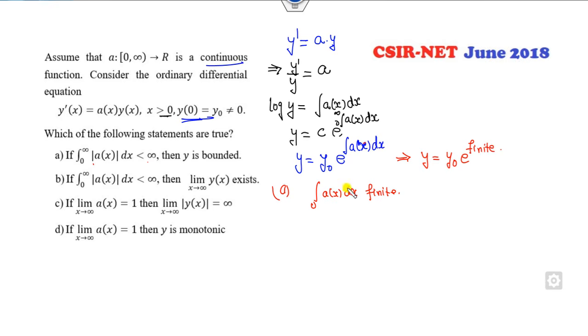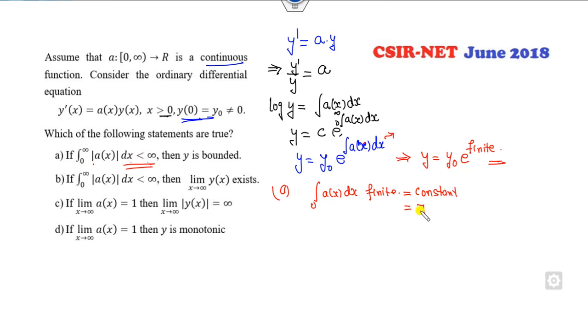If this limit which is the following is true, okay, fine. If this is finite, it means it can never be infinity. So it means this is a constant number, because its integration is finite. This value, if finite, means it's a constant number, fine.